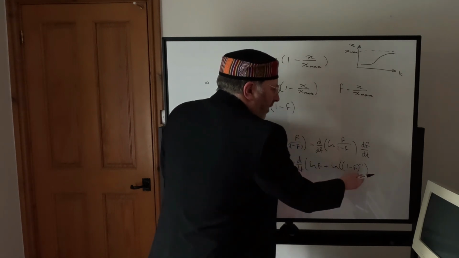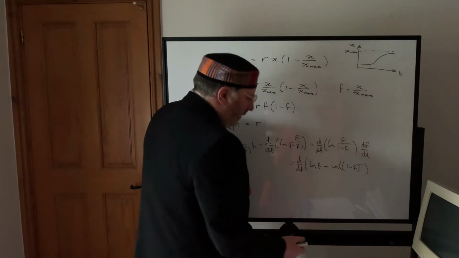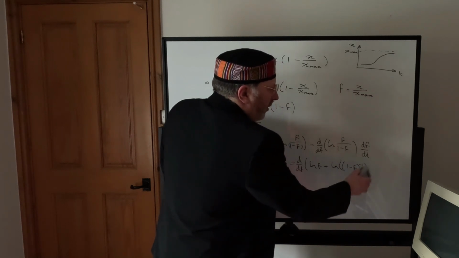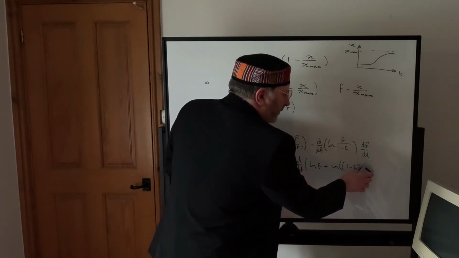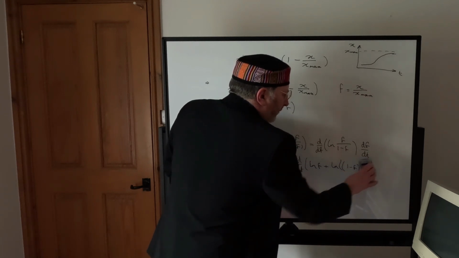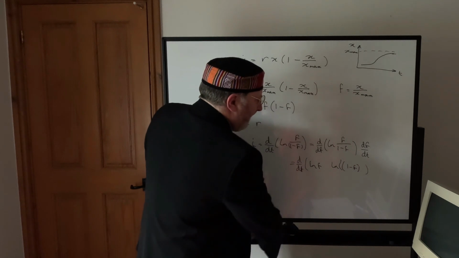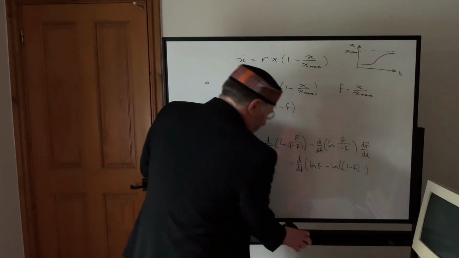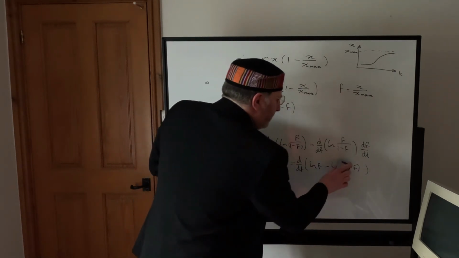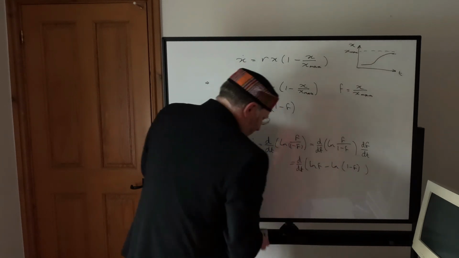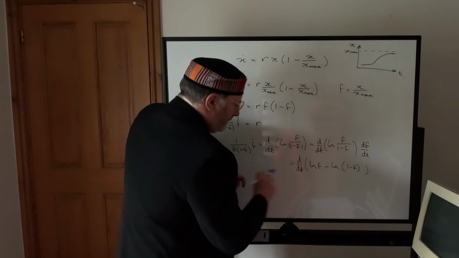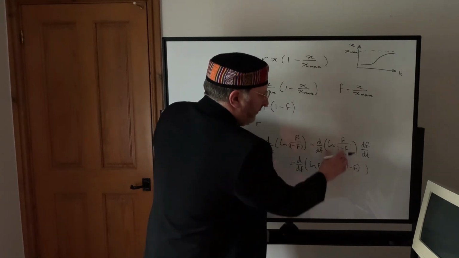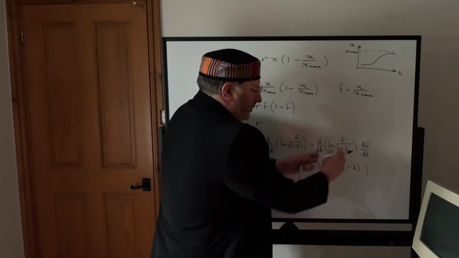That's log f plus the log of 1 minus f to the minus 1. And then we know that log of x to the n is n log x, so this just becomes minus the log of 1 minus f. There you go. So this is d by df of log f minus log 1 minus f. That's just us rearranging this into two different logarithms.